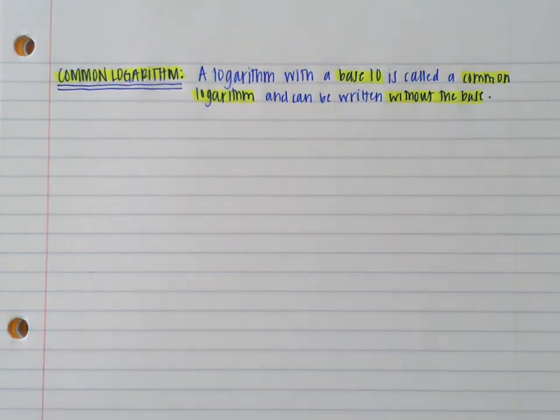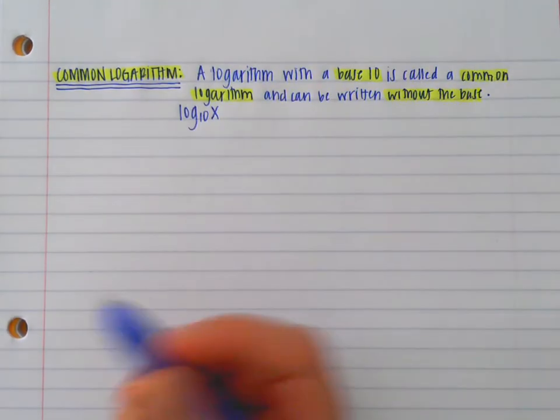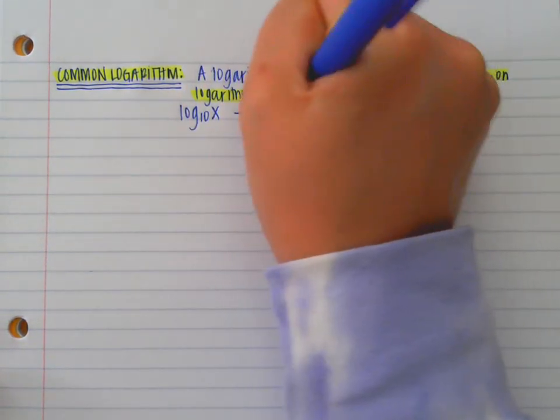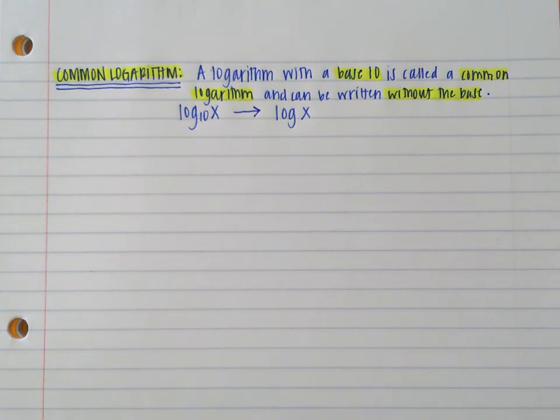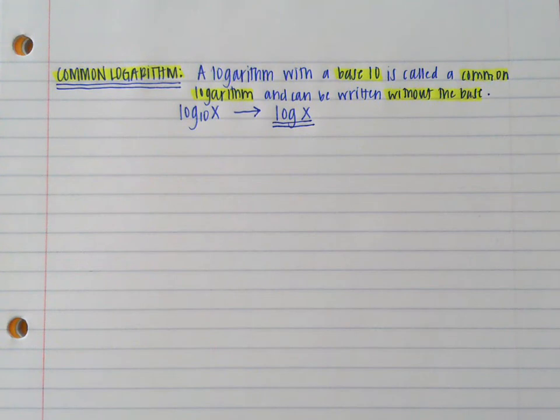Huge. So whenever you have something like log base 10 of x, we actually wouldn't write it like this. You would actually want to rewrite it as just log of x. So when a log has no base, you can assume the base is 10. Every single time. So this is so, so huge. It's something that you're going to see a lot.